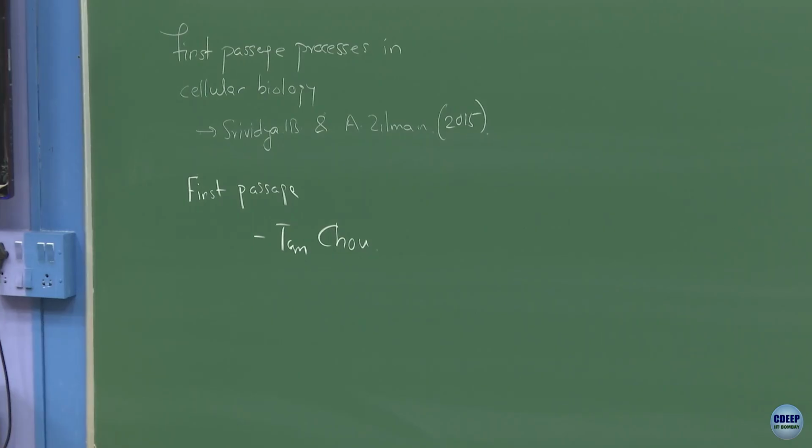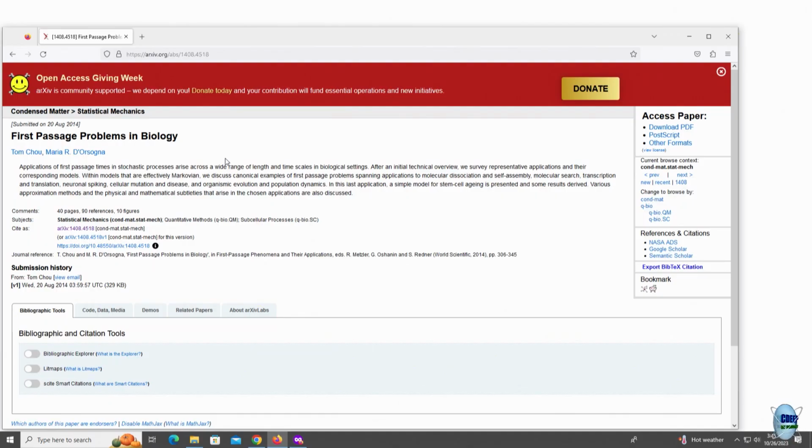There is another review paper, First Passage Problems in Biology, Chou and D'Orsogna. This is also a very nice paper. It is also a review. Again, it discusses various biological problems through this framework of the backward equations, first passage, and so on and so forth, in various contexts.